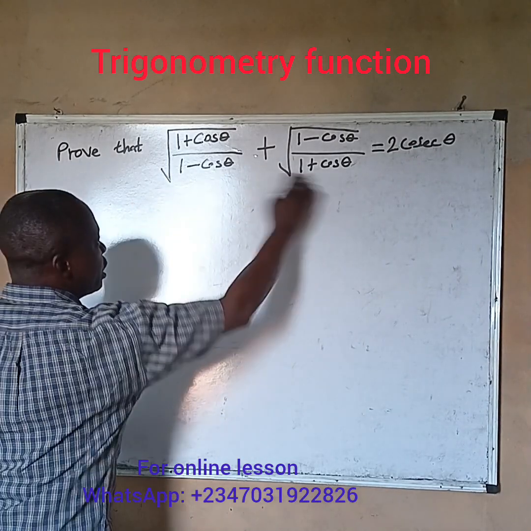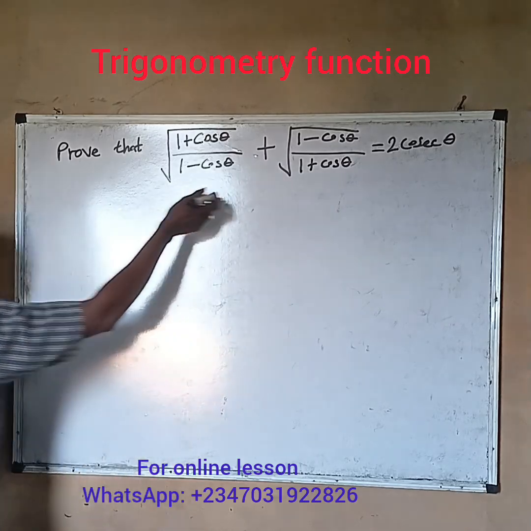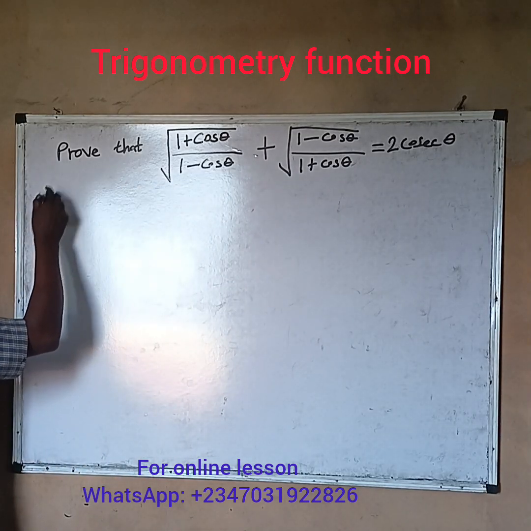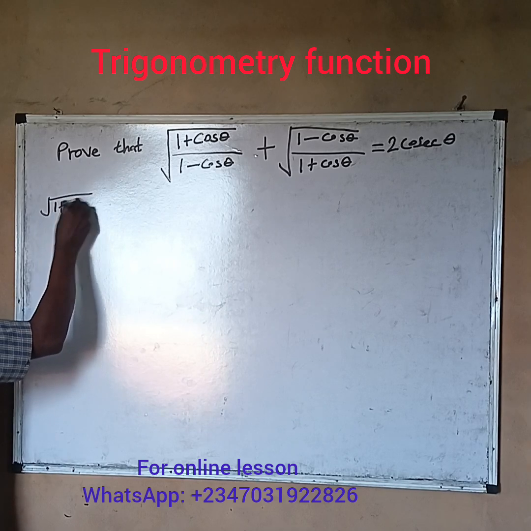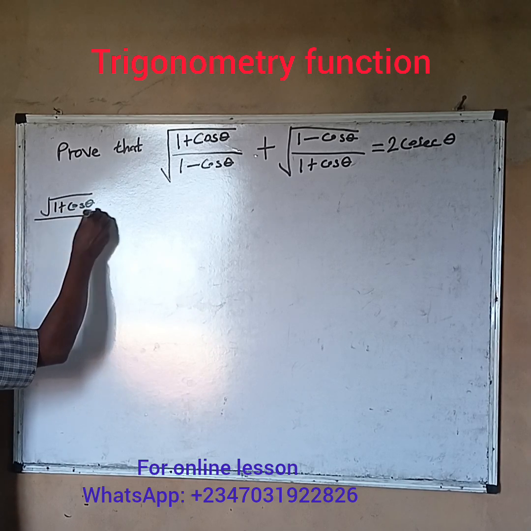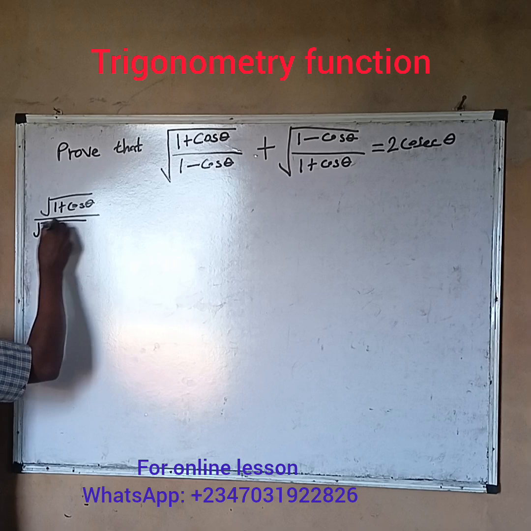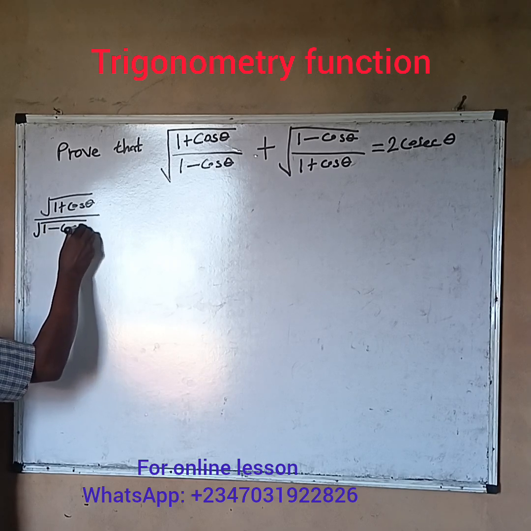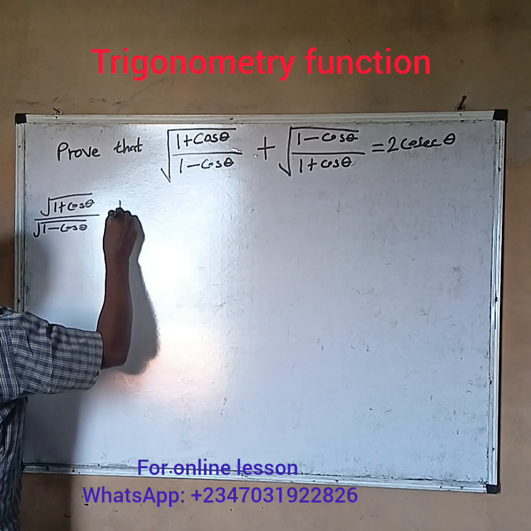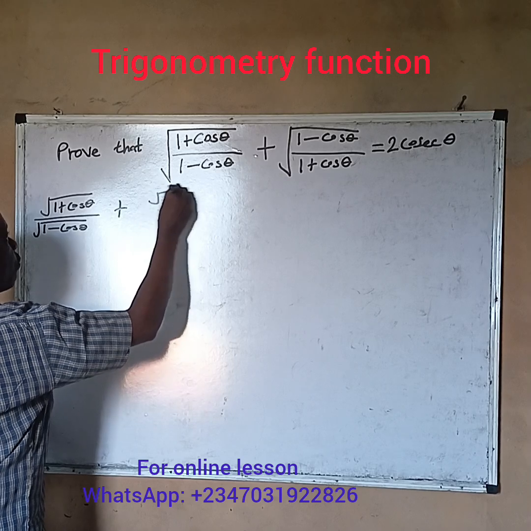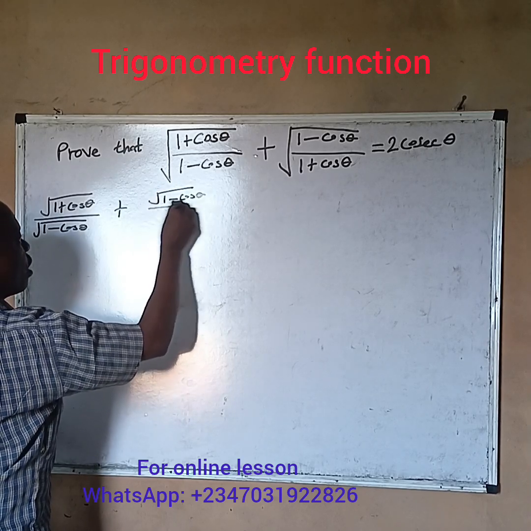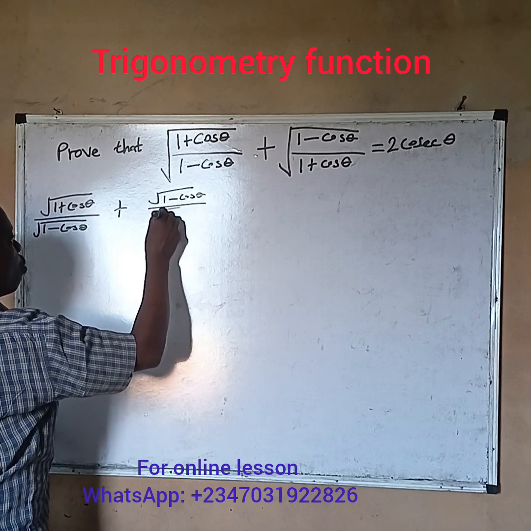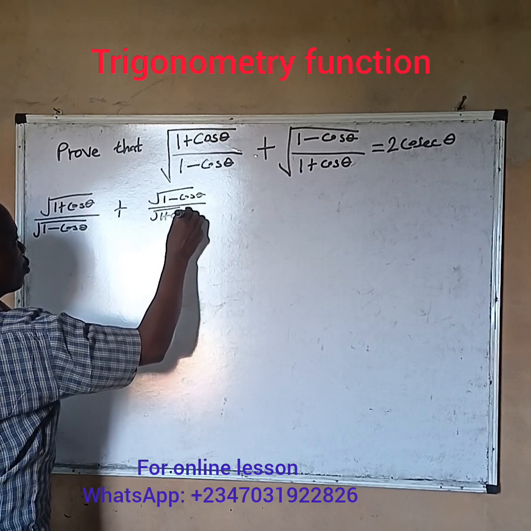Just take the LCM of what you have in the denominator. What I'm saying is that you can rewrite it as the square root of 1 plus cos theta over the square root of 1 minus cos theta plus the square root of 1 minus cos theta over the square root of 1 plus cos theta.